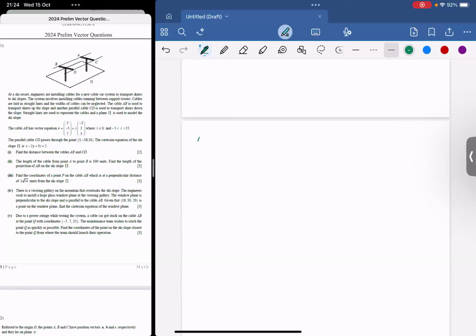Part 5. Due to a power shortage, the cable car got stuck on AB at a point Q. So this is again the ski slope. Oh my goodness, why can't they draw the parallelogram? Okay, so again, a point on AB, which is our Q. Oh my goodness, I should not have used Q just now.